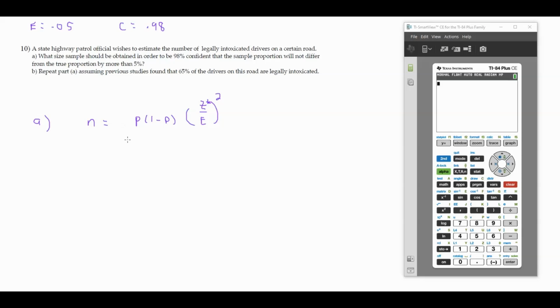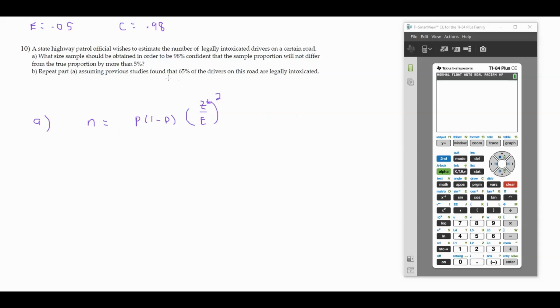So the P is either given in the problem, or if you have no idea what P might be, then you just assume P is 0.5. Well, that's the general formula.